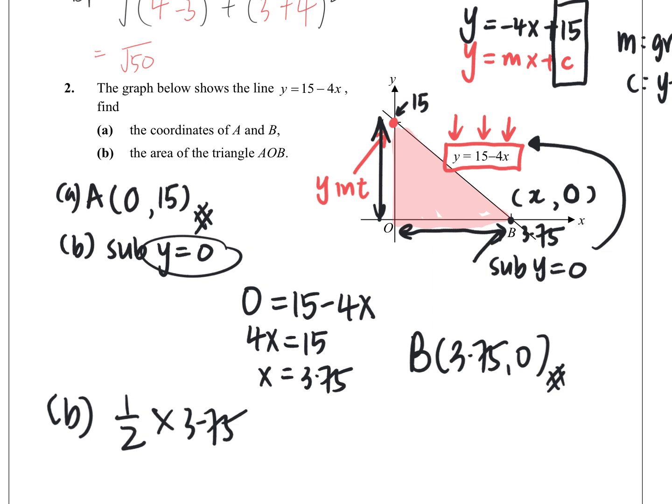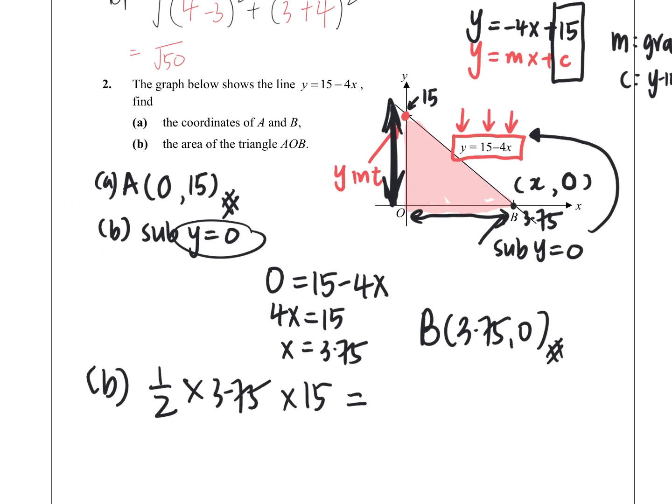What's the height? The height, this one. 15. So what's the answer for area? Someone calculate. 28.125 unit square. If it's exact like that, just leave it. Don't need to round off at all.